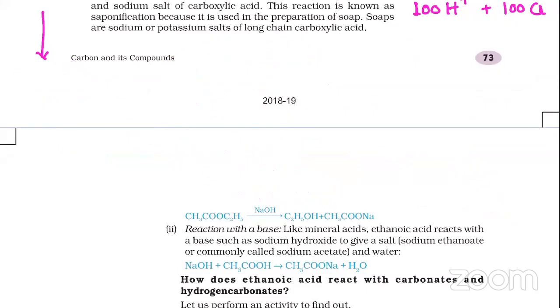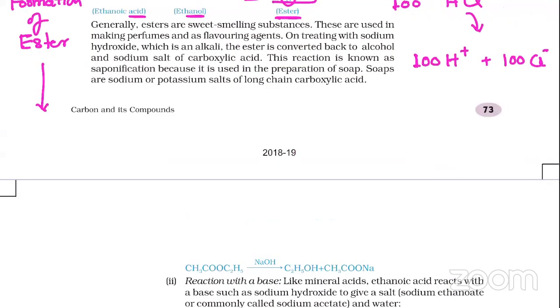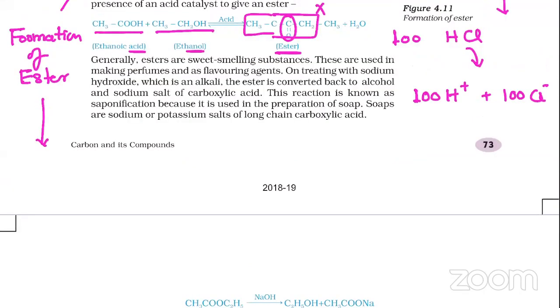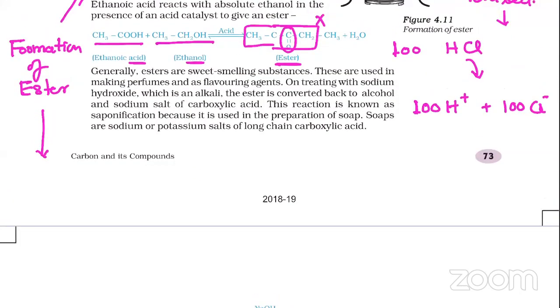Done. Okay, so I'm writing this equation that they have written there. CH3COOH plus CH3CH2OH.